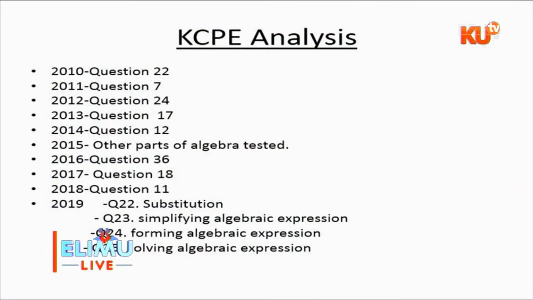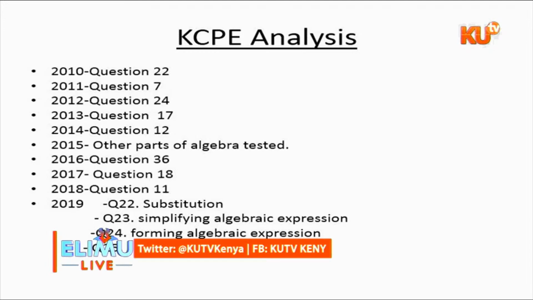In 2010, question number 22 was about solving equations. In 2011, it was question number 7. 2012, question number 24. 2013, question number 17, all the way to 2015. In 2015 they didn't test solving equations, they only tested other parts of algebra. 2016, question number 36, 2017, question number 18, and 2018 they tested in question number 11.